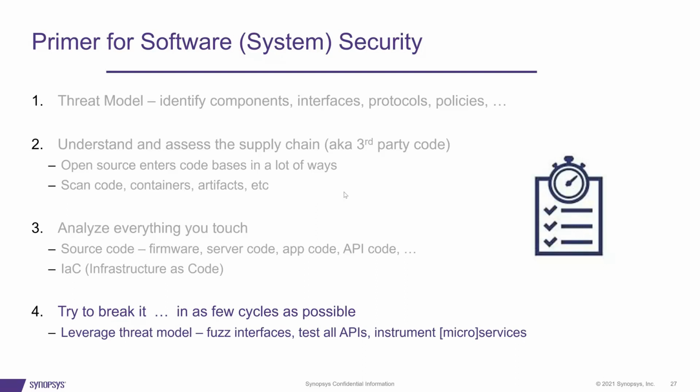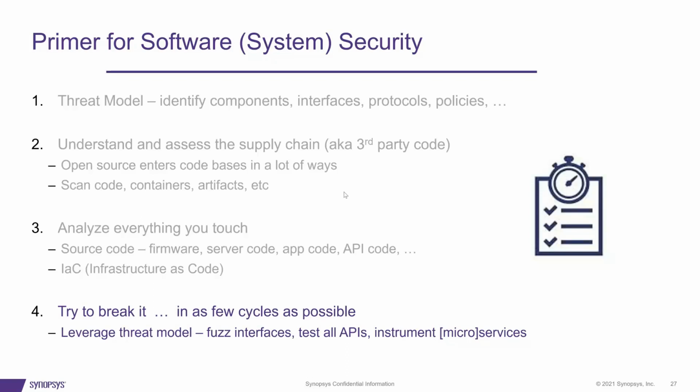So we want to leverage that threat model as much as possible, understanding all of those interfaces, and really test the robustness of our implementation of those interfaces. This is one of the key attack surfaces for any IoT system. Let's see if we can inject some errors or bad bits into the Zigbee stream or into the MQTT stream, or even just change the size fields in some of the internet packets.